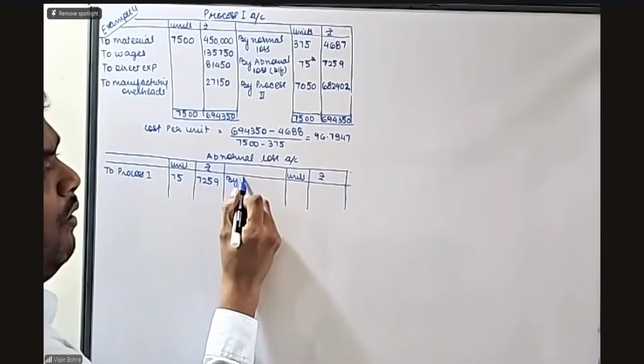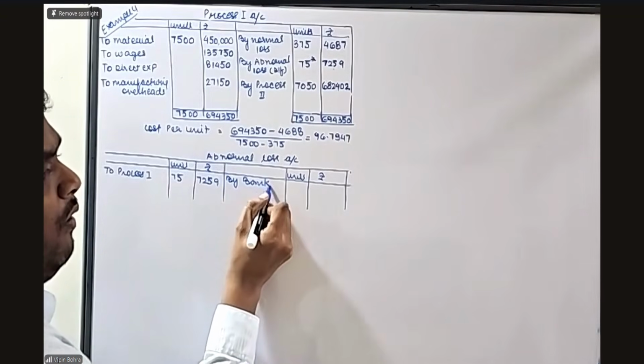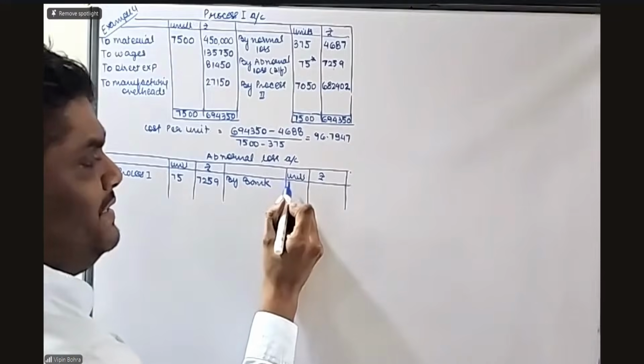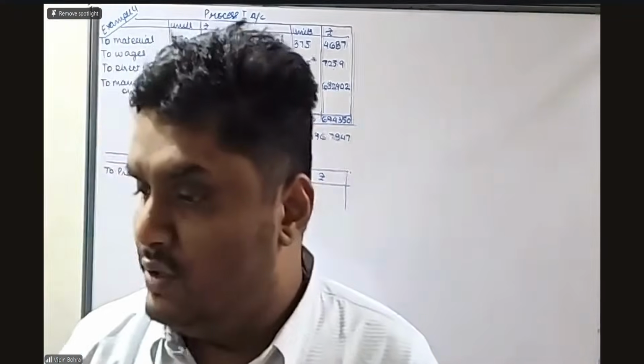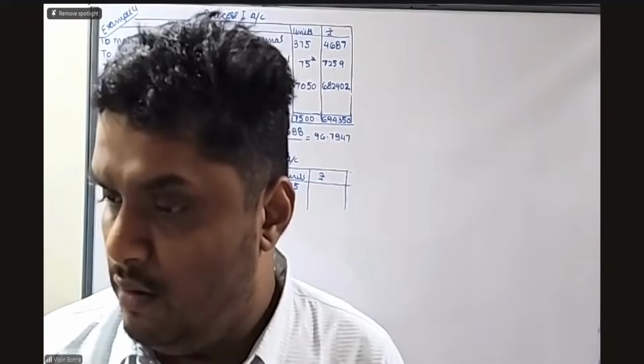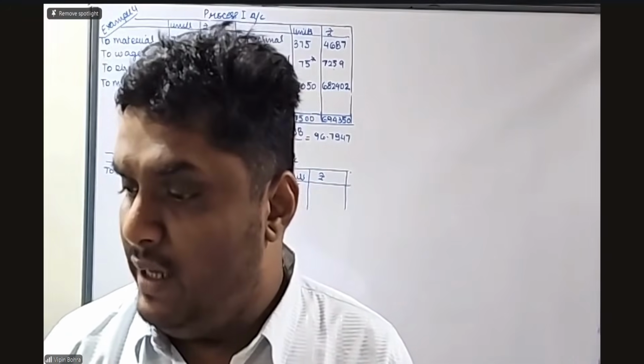Now, just like normal loss, these units will also be sold in the market at the same price. So 75 units will be sold in the market at the same price.